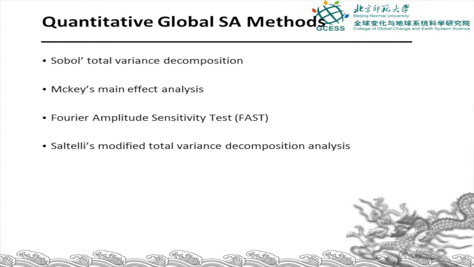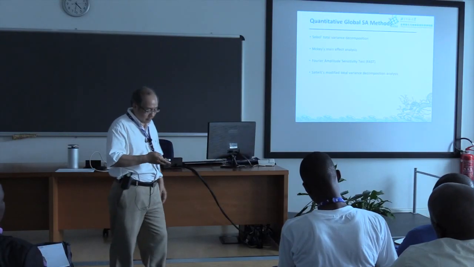In my case, main effect is actually a variation of this variance decomposition. And there is the Fourier Amplitude Sensitivity Test, which looks at the spectral domain for the different parameters. And the Saltelli method is actually a variation of the Sobol method.